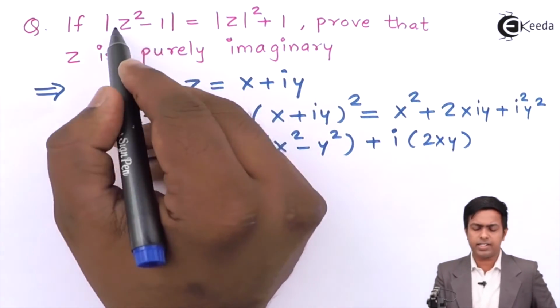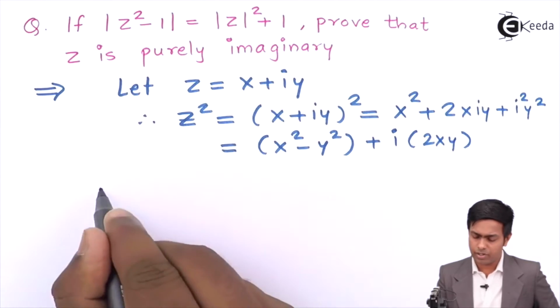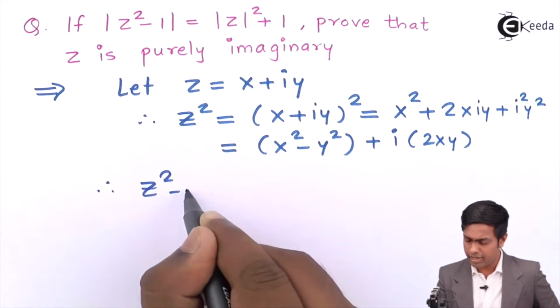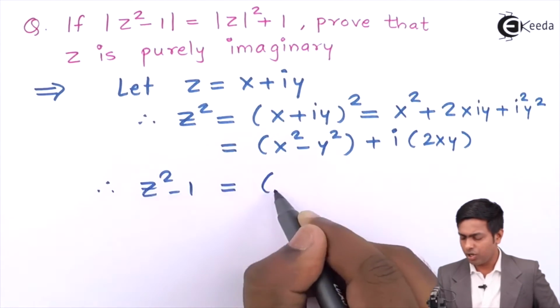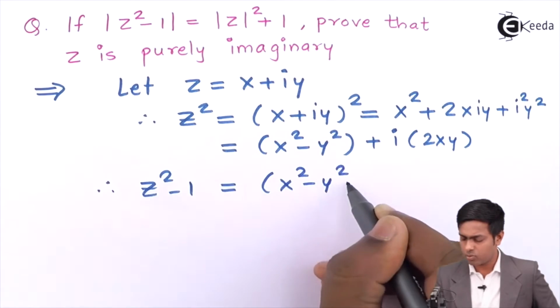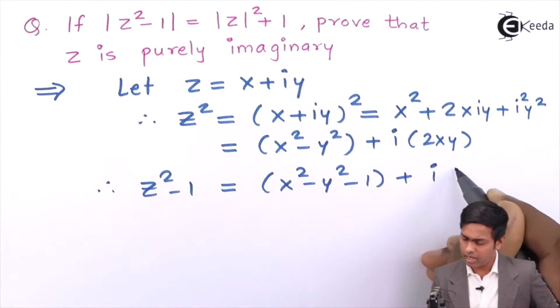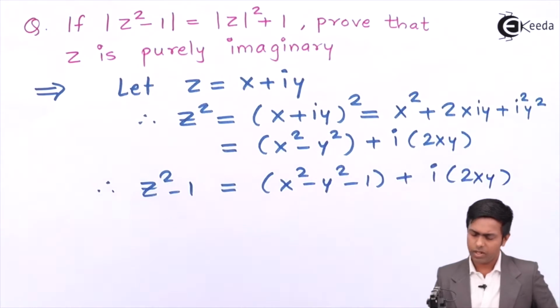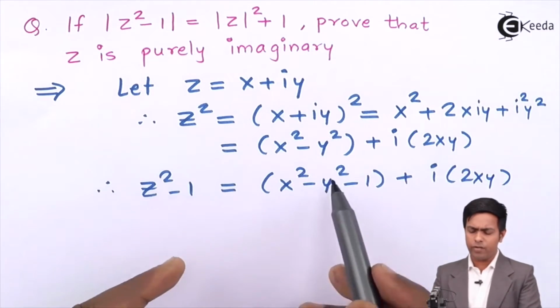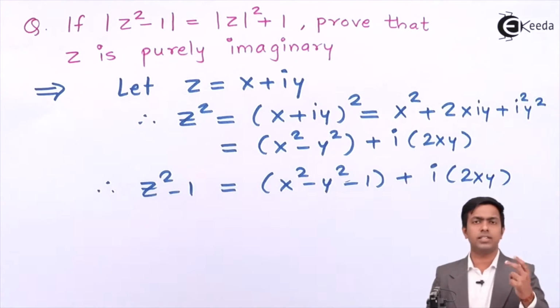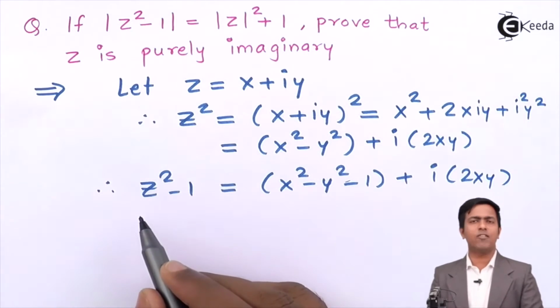Now for the left hand side I'll subtract 1 from it. Therefore z square minus 1 is equal to x square minus y square minus 1 plus i into 2xy. I'm subtracting that 1 from the real part because minus 1 is a real number. So I got the value of z square minus 1.